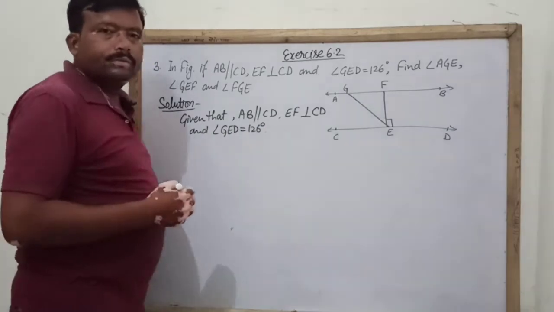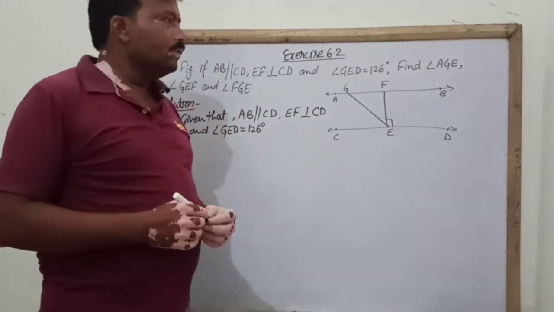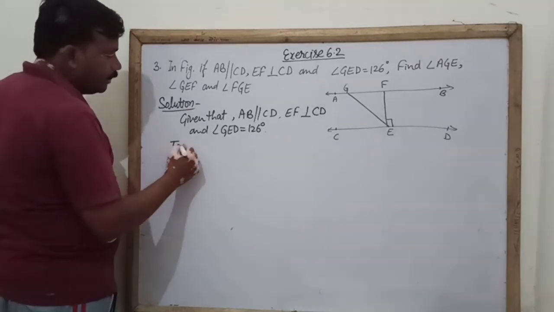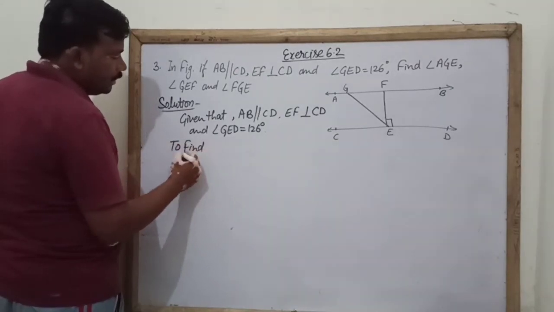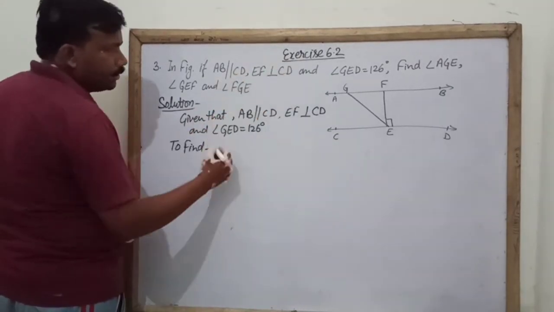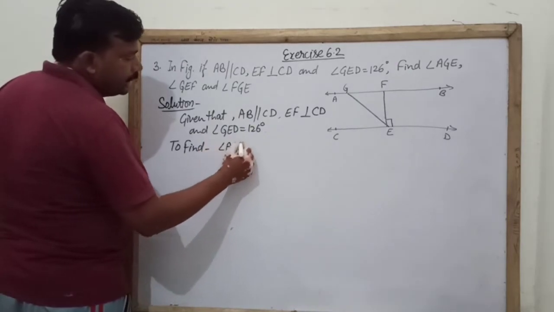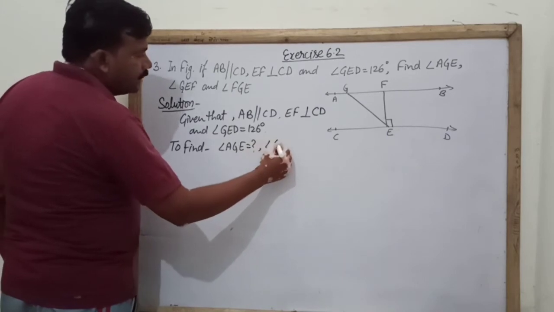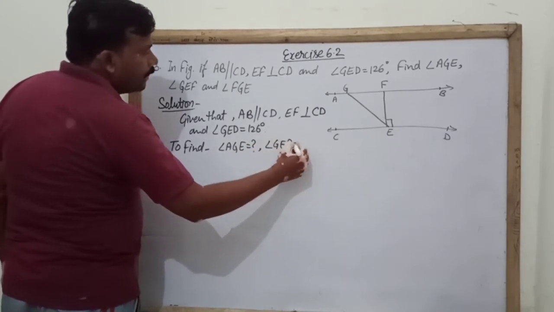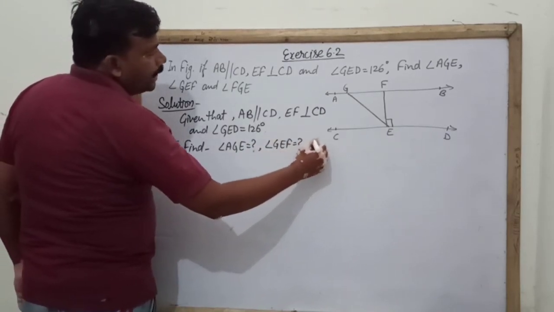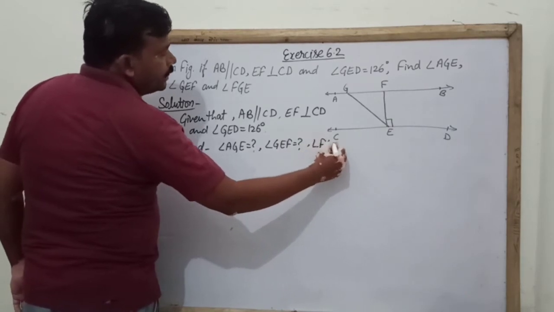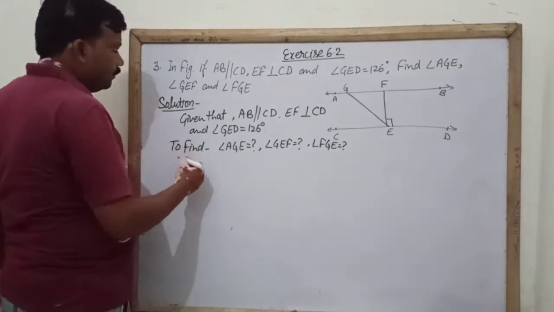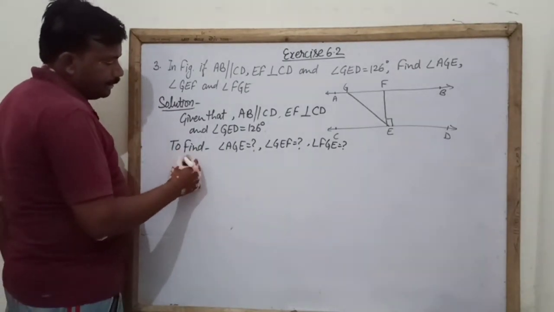It is given. So what is to find? To find the value of angle AGE, angle GEF, and angle FGE. These three angles are to be found.